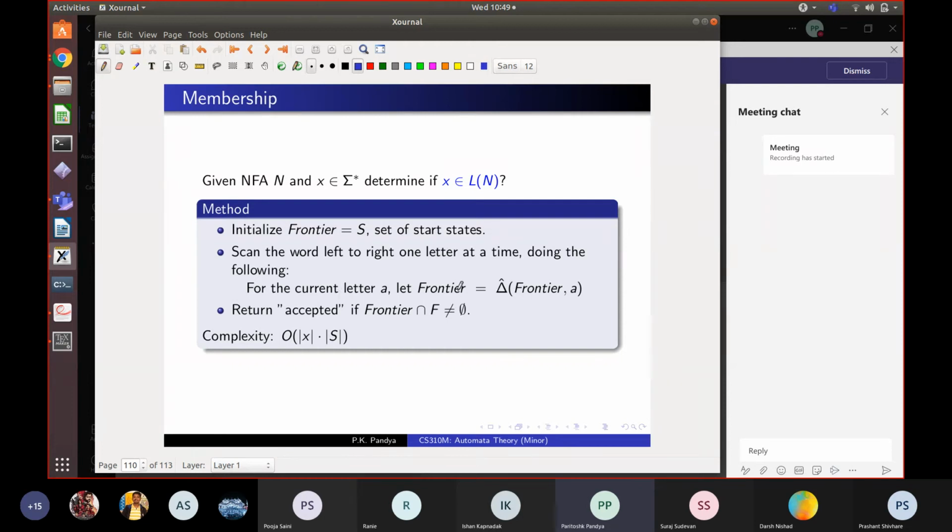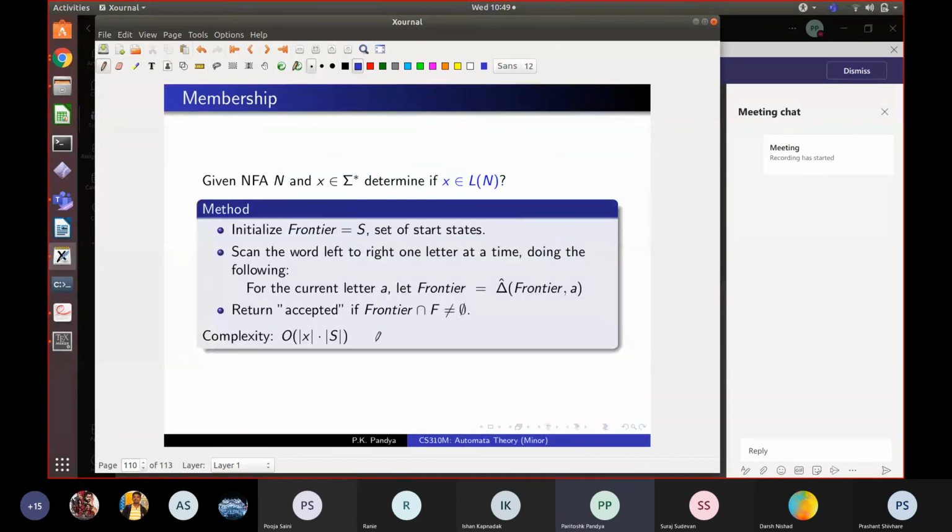For the current letter, you calculate the new frontier as the old frontier on letter A, where all does it take you, right? And this you can do, there will be a certain amount of time taken to do this. And at the end, you will have some frontier. You check whether that frontier intersection final states is non-empty. So this algorithm is something that we have been doing before, but this can be implemented in computer memory.